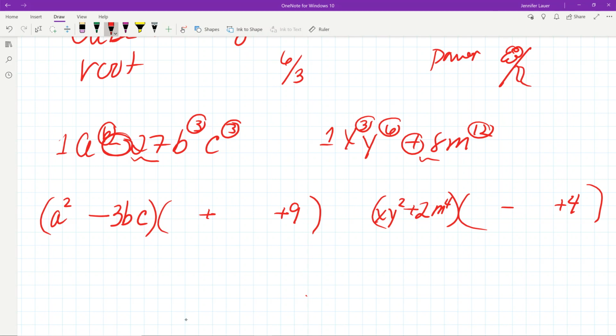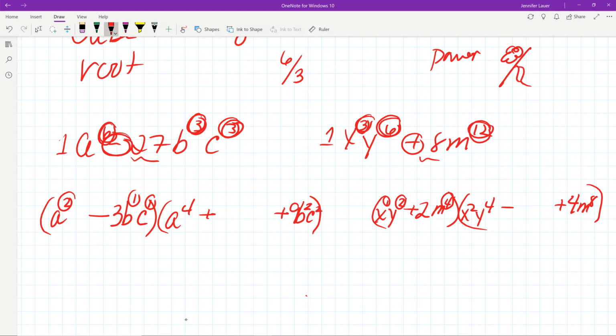So I would say 6 minus 2 is going to give me an a to the 4th. 3 minus the 1 is going to give me a b squared, and 3 minus the 1 is a c squared. Here, I'm going to say 3 minus the 1 is squared, 2 left over. 6 minus the 2 is 4, and 12 minus the 4 is 8.